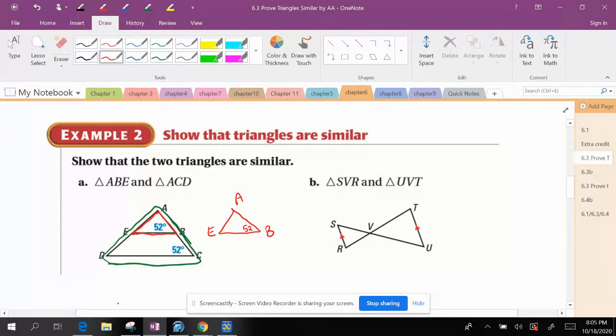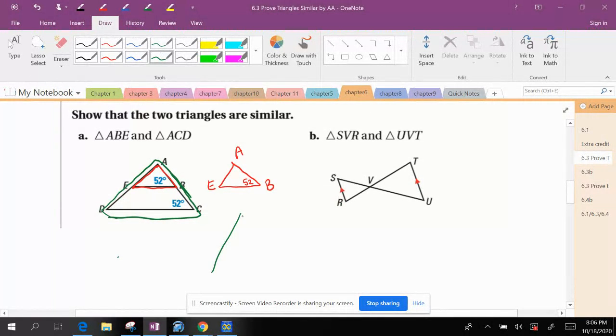and this angle's 52 degrees. Then my larger triangle, best of my ability here, A, C, which is 52 degrees, and then this angle D. Well, they both share this B and C, which is congruent. So angle B and C have to be the same because they both are 52 degrees.